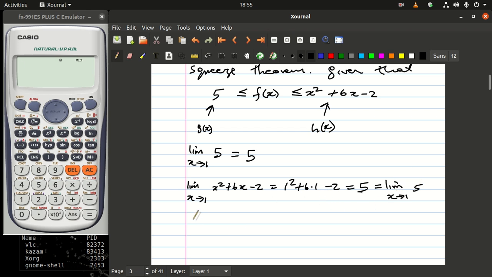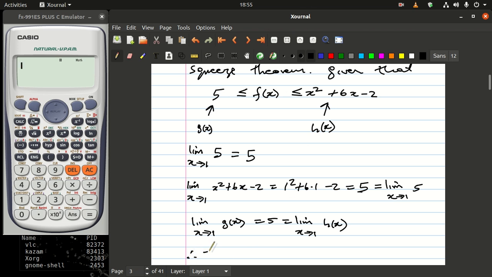Now, if you look into this, we have the limit as x approaches 1 of g of x equal to 5, and this limit is the same as the limit as x approaches 1 of h of x. So, because h of x is always above f of x, and f of x is always above g of x, if this one is 5 and this one is 5, this one is forced to be a 5.